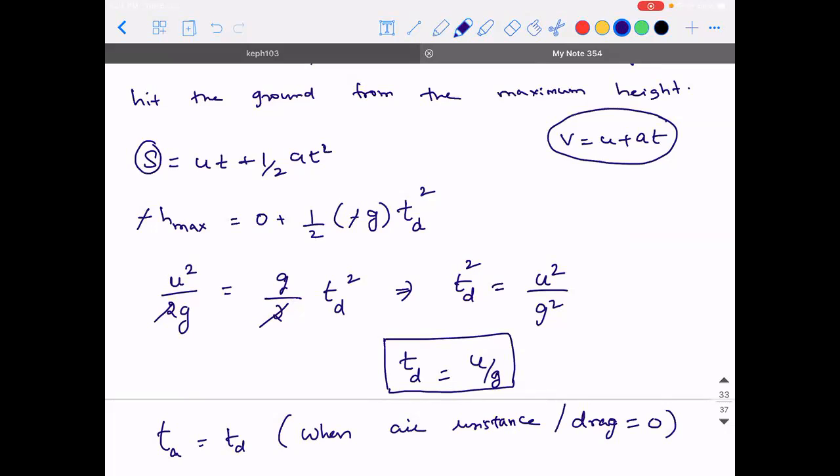U is known, right? You will get V is equal to AT. V is equal to G into T. You don't know time also. No? Only now you found it using this formula. Yes, sir. Okay.